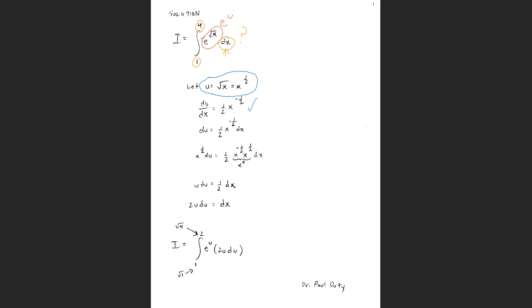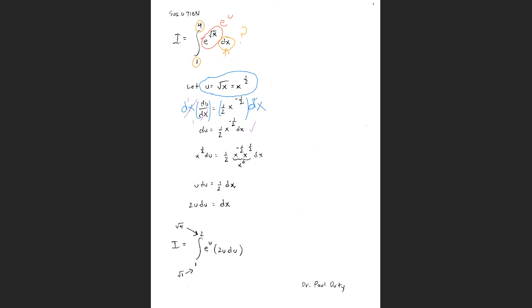Well, I want to multiply both sides of that equation by dx, which I do. And you're going to get some simplification here. And so du will equal 1/2 times x to the negative half dx.